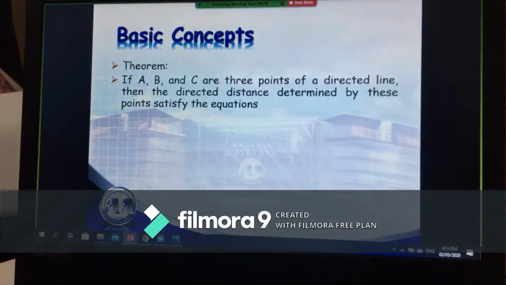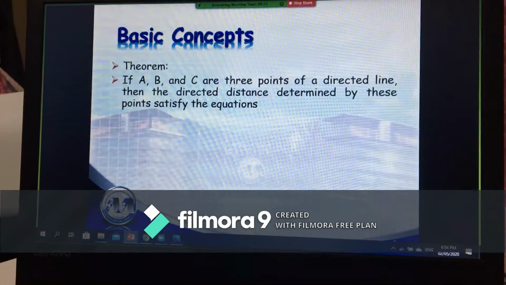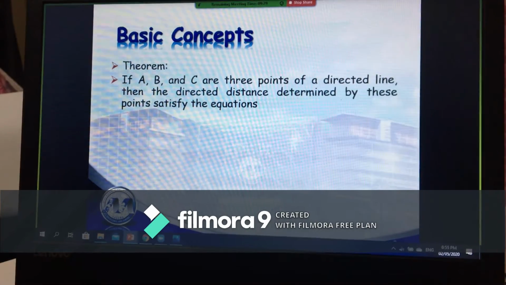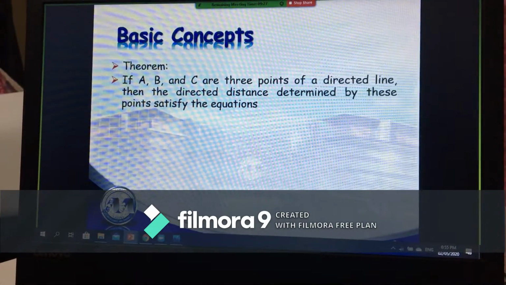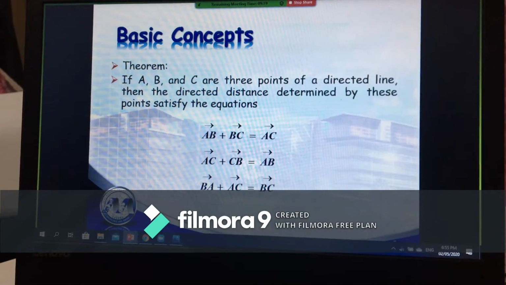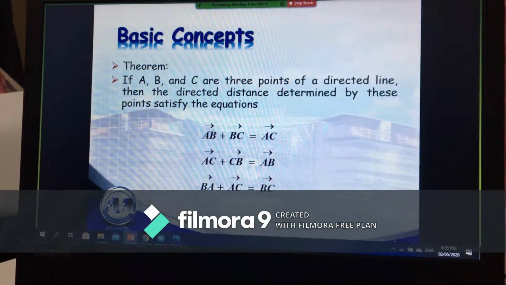Then we have here a theorem. So this is a very important theorem. If A, B, and C are 3 points of a directed line, then the directed distances determined by these points satisfy equations. So these are the equations. AB plus, so pag may nakita kayong arrow, class, directed siya.